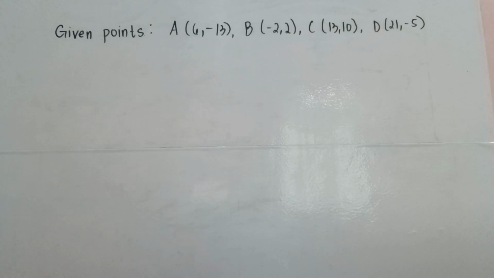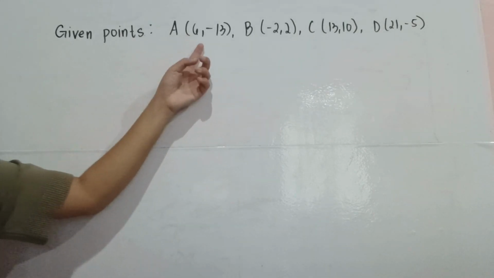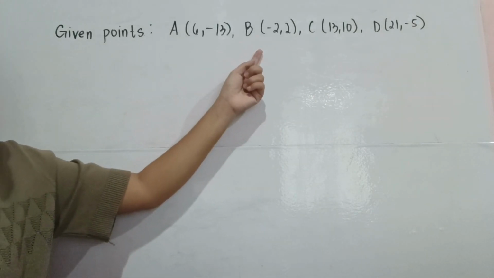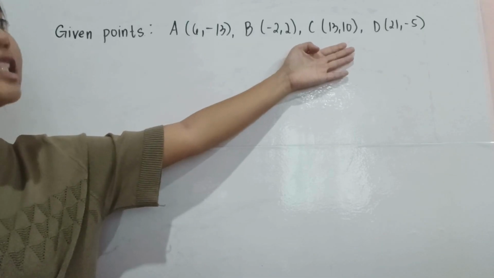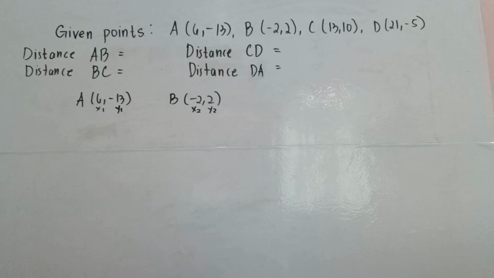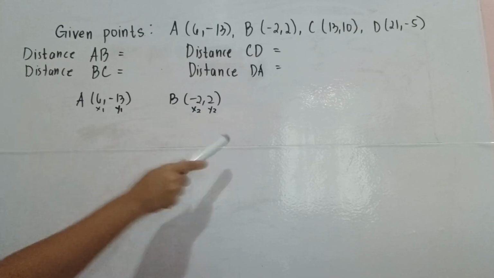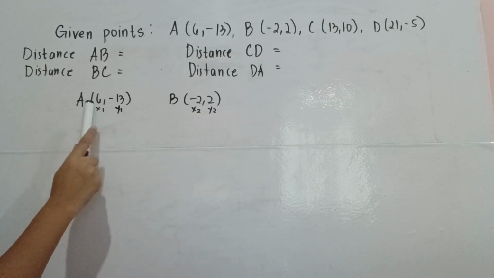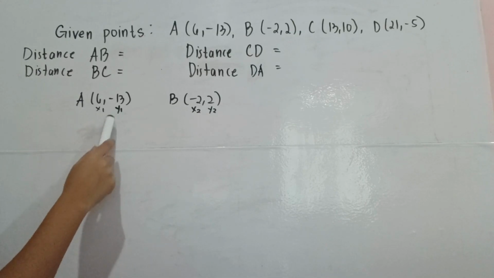So we have here the given points. For point A, we have 6 and negative 13. Point B, negative 2 and 2. Point C, 13 and 10. And point D, 21 and negative 5. First, let's calculate the distance between point A and point B. So we have here the x and y values of A and B. For A, 6 is our x sub 1 and negative 13 is our y sub 1.